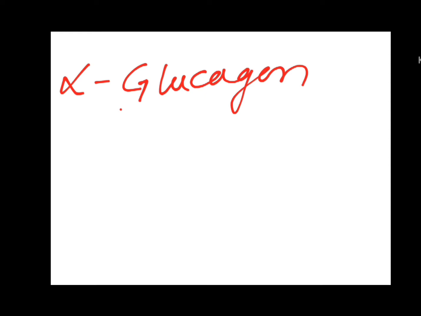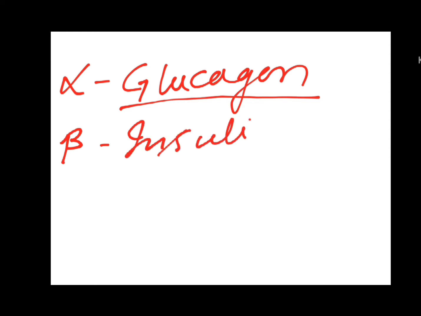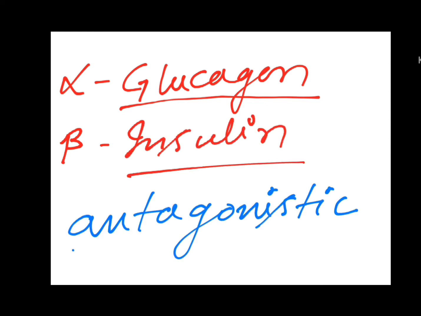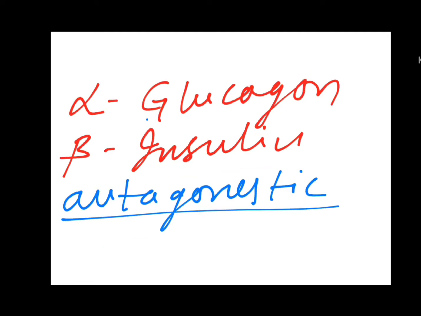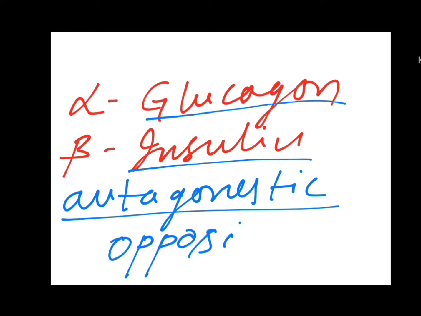In the islets of Langerhans, alpha cells produce a hormone called glucagon and beta cells produce a hormone called insulin. These two hormones, glucagon and insulin, are antagonistic in nature. That means their functions are opposite to each other.